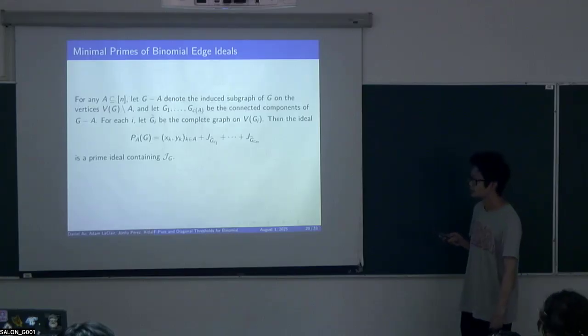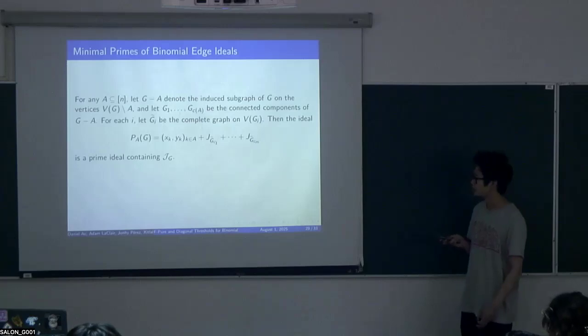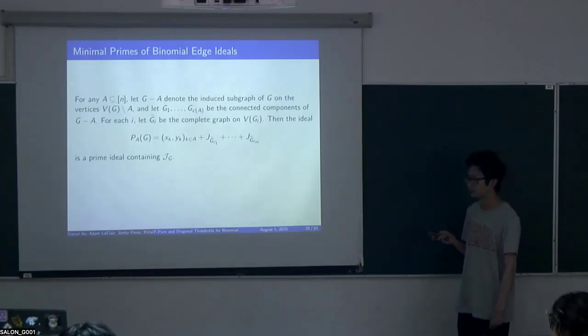As we saw in Group 3's presentation, we can describe the minimal primes of a binomial edge ideal JG by using cut sets of G. Recall that for any subset A of the vertex set of G, we can associate to that set a prime ideal containing JG, which is given by this formula.